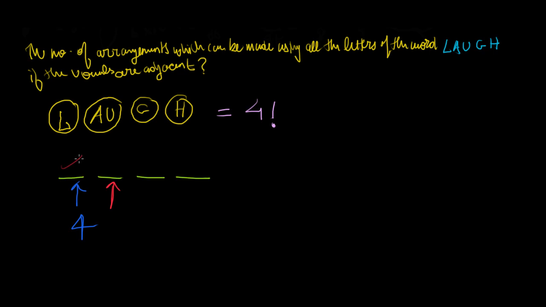After I fill the first one, any one of them is chosen, so I just have 3 objects left, right? So I can choose any of them. So I have 3 choices for this, and similarly I have 2 for this, and 1 choice for this, because the only object left out will be placed here.